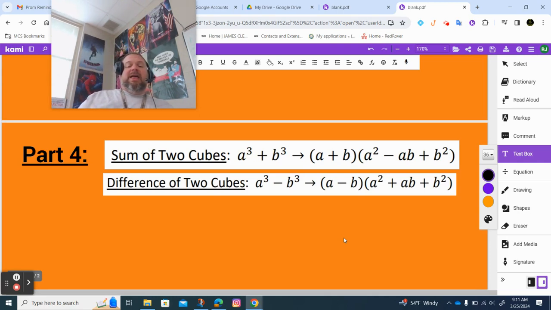And I have to look at the problems to see, hey, is this one a subtraction or is it a plus, to see what form I'm going to use. And the A terms are going to be easy because they're probably going to be an X, right? The B terms, we're going to have to use our calculator to find the cube roots.